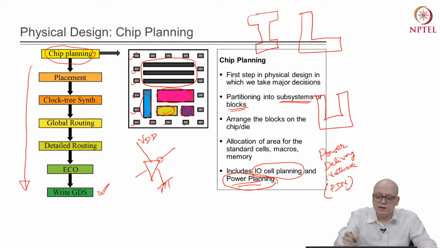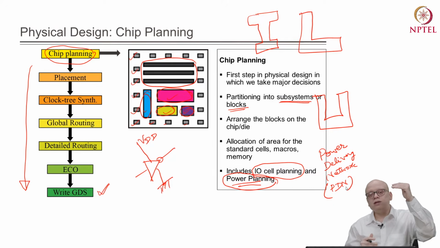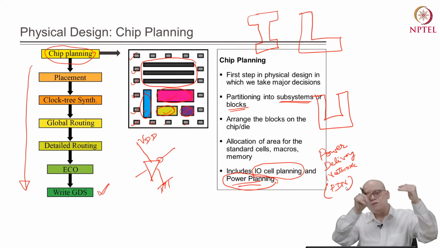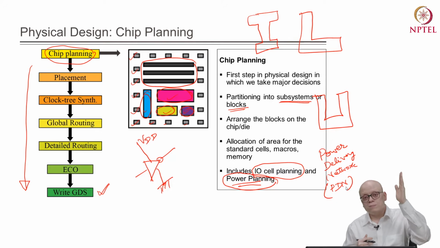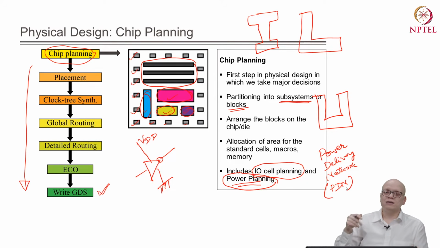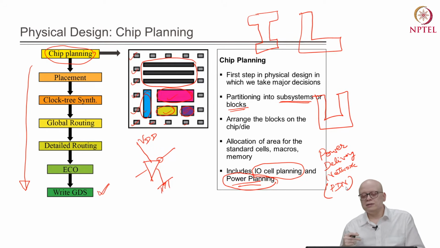We know that if there is a voltage source and from that voltage source the power is going to some standard cell, then on the way there are resistances, and because of that resistance and the current flowing through it, the VDD that we apply at the pin level, at the input port, will be dropping before reaching the standard cell. So, we should ensure that the voltage drop in the power lines should be within an acceptable limit.